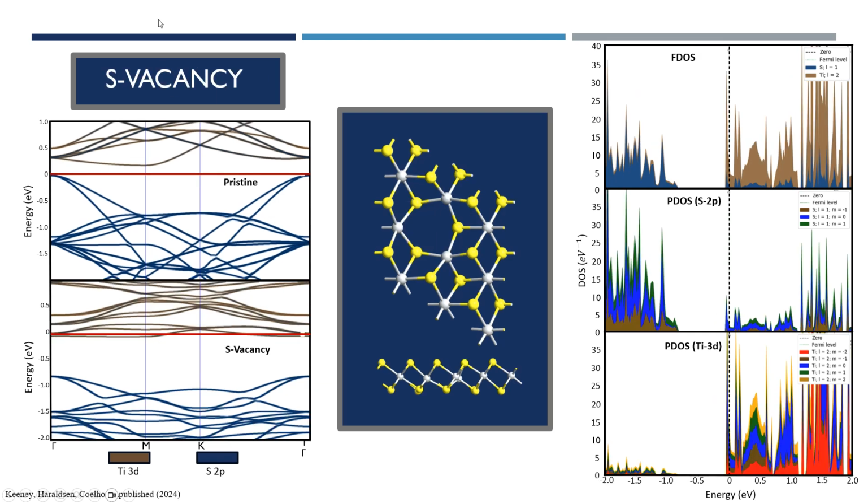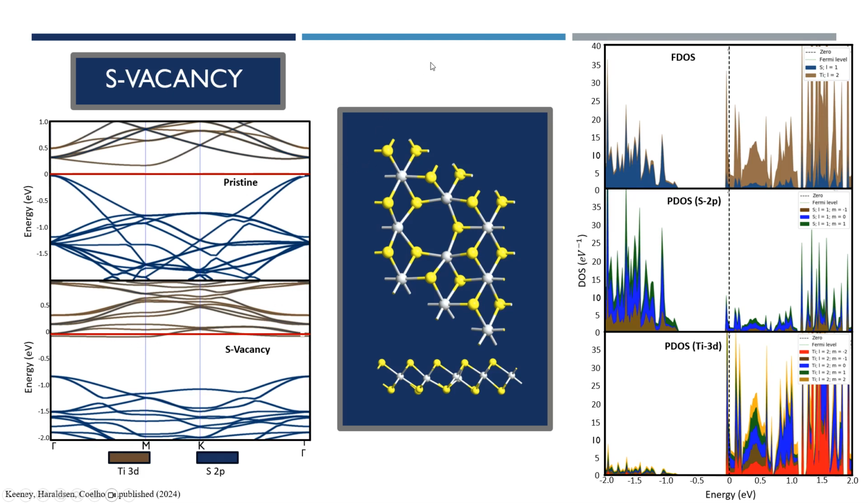And now we look at the sulfur vacancy, which is the most favorable vacancy that we've analyzed. And we have similar results where you go from your semiconducting system into a metallic system, although this one is not quite as metallic, given that it is still sitting in the conduction band, but not quite as firmly as that titanium was.